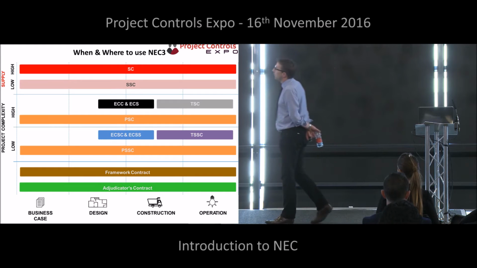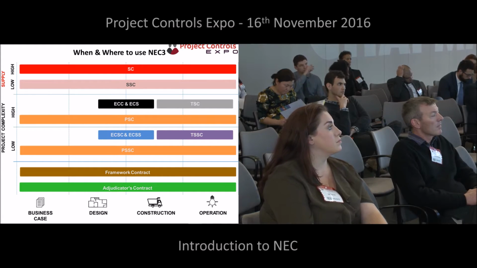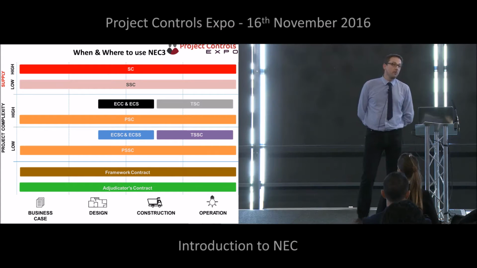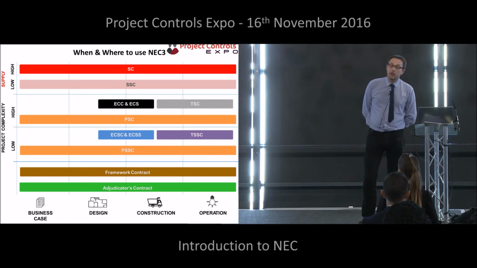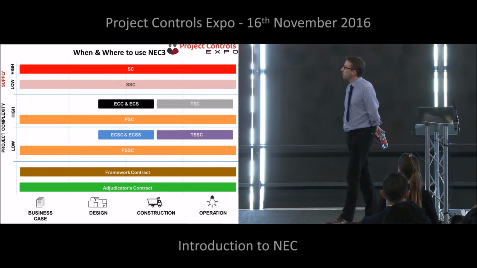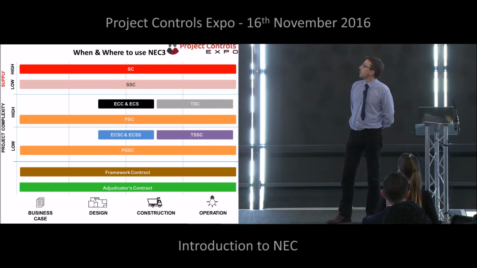At the low complexity end, i.e. where the services or works are simple, of a simple nature, not particularly risky, you don't need complex risk allocation mechanisms. You can use the short form contracts, and hopefully you can see that they mirror the long form contracts.